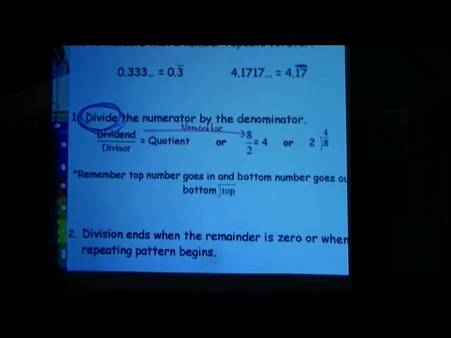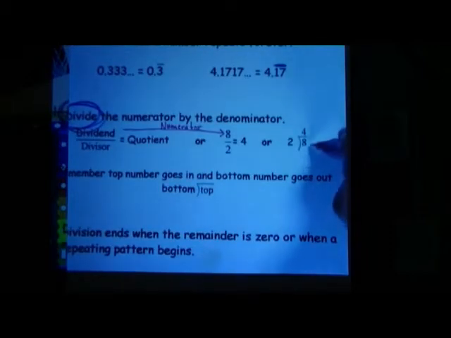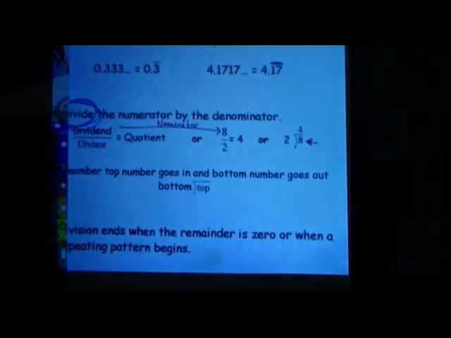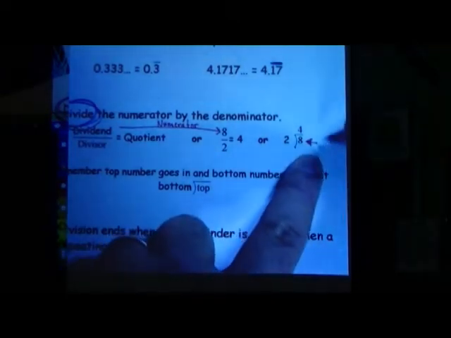So make sure you write that down. The dividend, the number on top, is the numerator. That's the number that goes inside the division bracket. Whenever you change the fraction to the division you're normally used to, it goes inside. That number is the numerator.